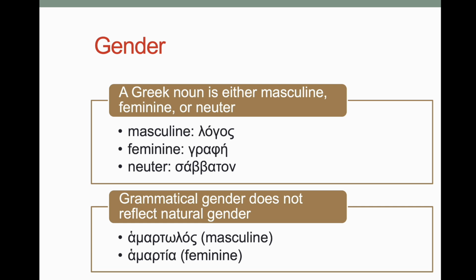For instance, two words for sin. Hamartolos is the word for sinner, and it's masculine. Whereas the word for sin is hamartia. That's feminine. But there's nothing inherently about the word for sin that makes it a feminine concept. It's just gendered grammatically that way.